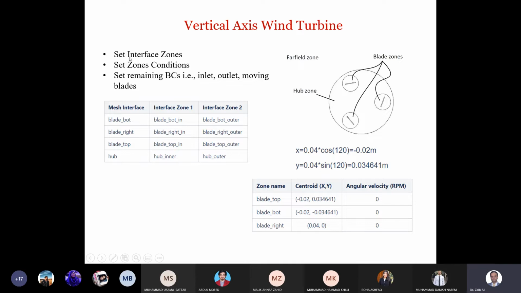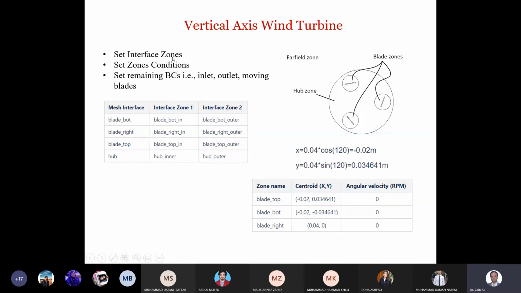So that will be the first step, that we need to tell the solver where the interfaces are between these two. Now this is a very important step, because sometimes people define separate meshes and define certain RPMs, but they don't tell the solver to let the flow information pass from one zone to another by defining interface zones.